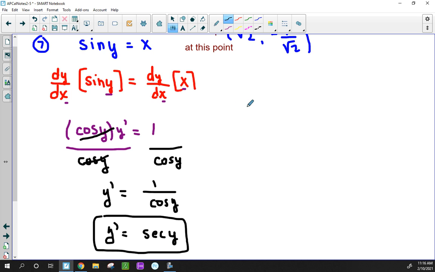Alright, now let's find the slope at the point square root of 2, comma, negative 1 over square root of 2.